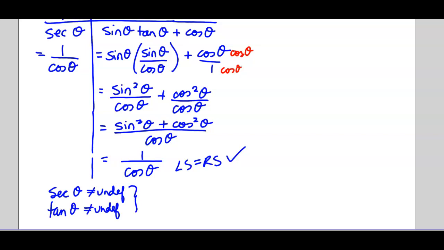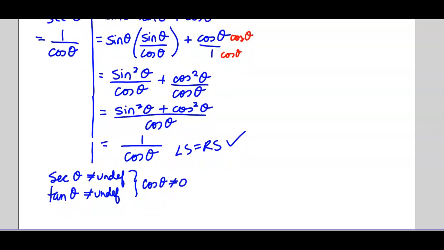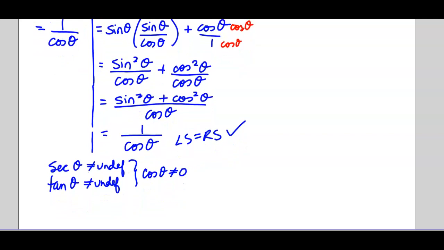Secant is 1 over cos. Tan is sine over cos, so that means cos theta cannot be 0. So just like one of the first ones we did, when is cos 0? Up here and down here, so theta cannot be pi over 2 plus n pi.